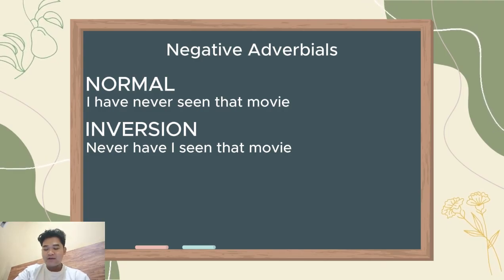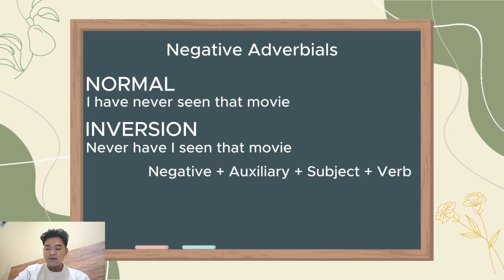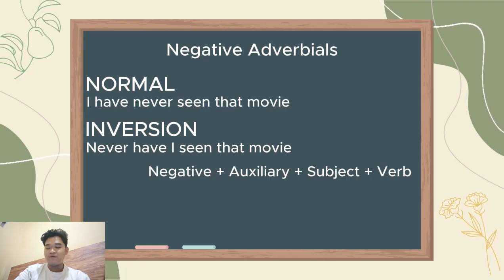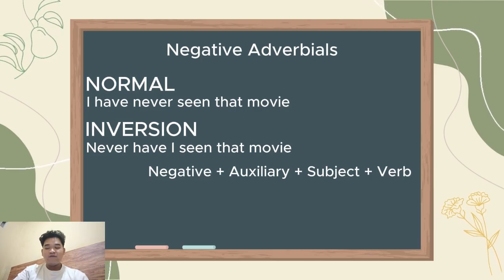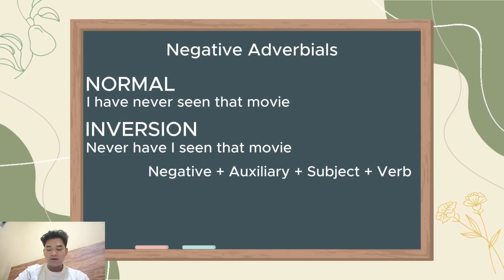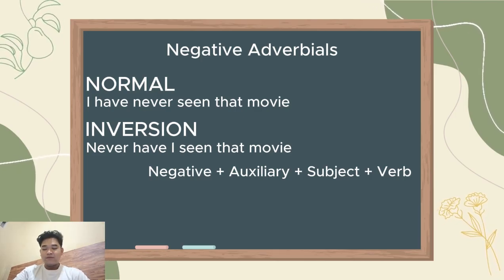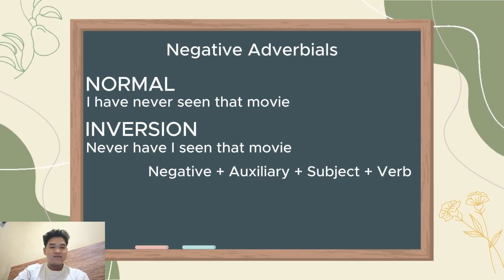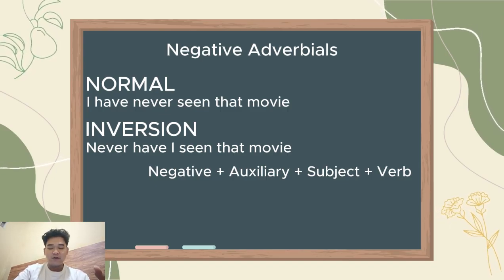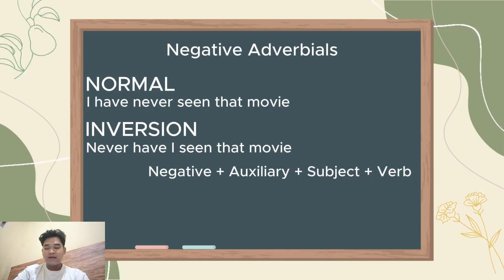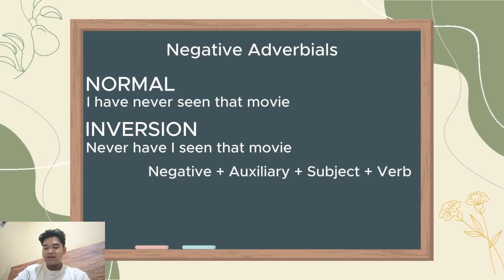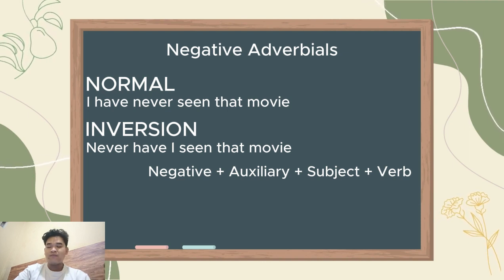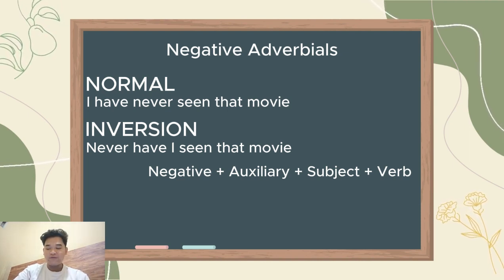So as you can see, the structure is negative plus auxiliary plus subject and then verb. Negative here is the negative elements like never, rarely, seldom, hardly, little, and not only. So in this sentence we use never. Never is placed at the beginning of the sentence and then followed by an auxiliary verb. The auxiliary verb here is have.